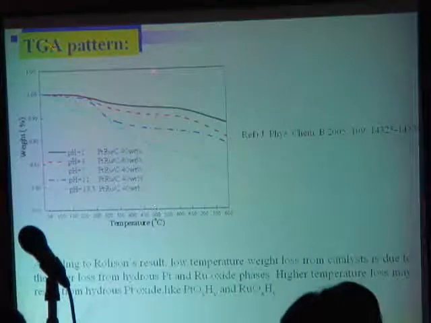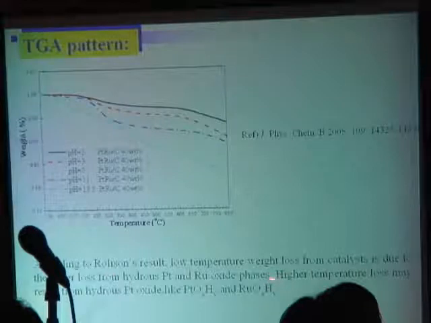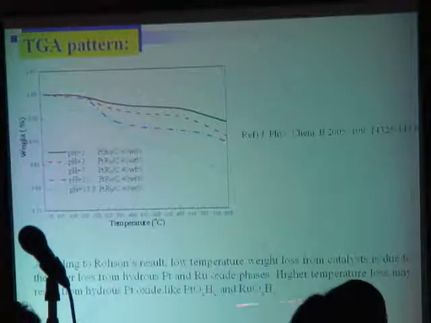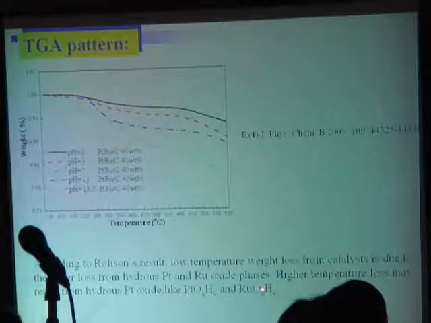So I checked with the TGA pattern. From the reference, we can know that at low temperature the weight loss is from water loss from the PtRu oxide phase, and the higher temperature loss is from the water forms.